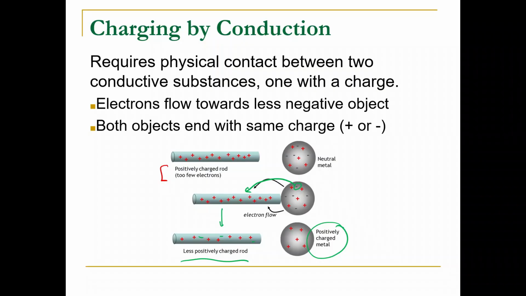If the two objects have different charges and different sizes at the start, the charges will have redistributed themselves, and even though they won't have the exact same charge, they will both be either positive or negative or neutral. Okay, they both have to have the same type of charge at the end.